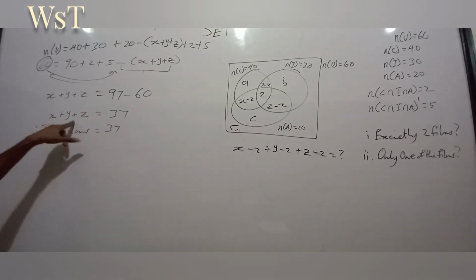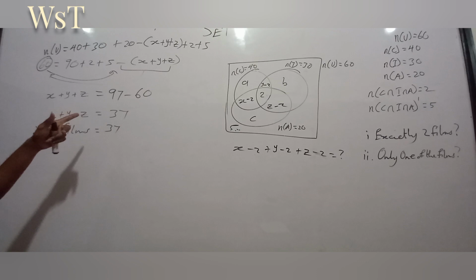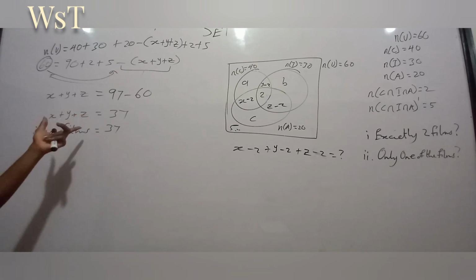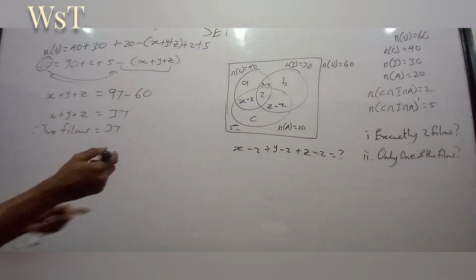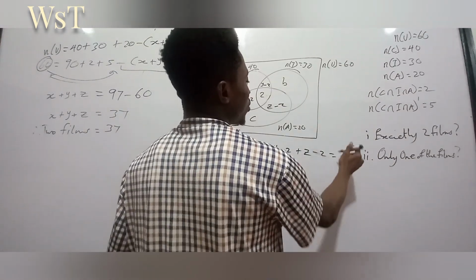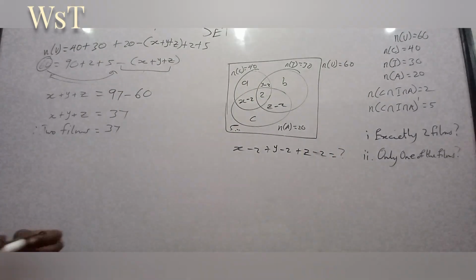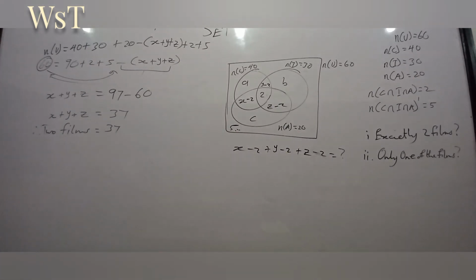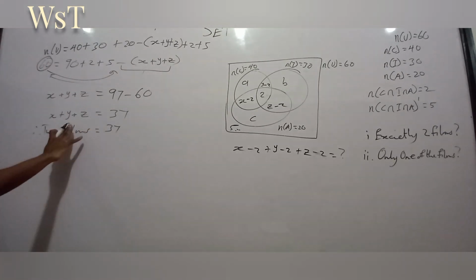So minus 2, minus 2, minus 2, isn't it? Yes. So let's put it one side, and then one side. Okay, good. So from here, this is the 2 films.